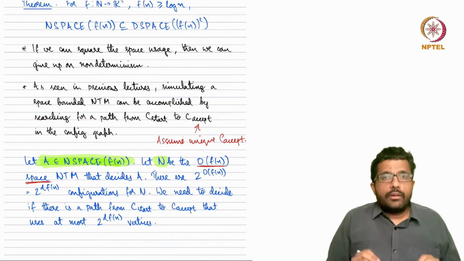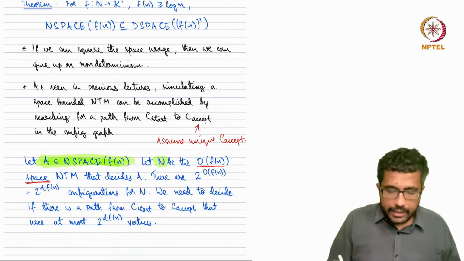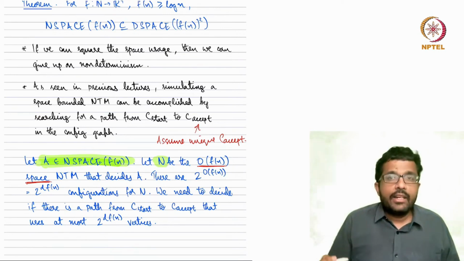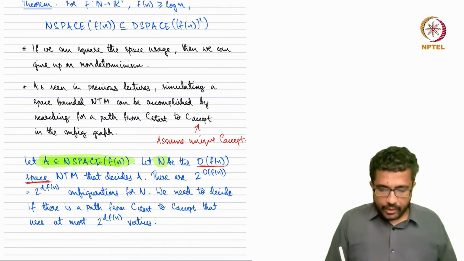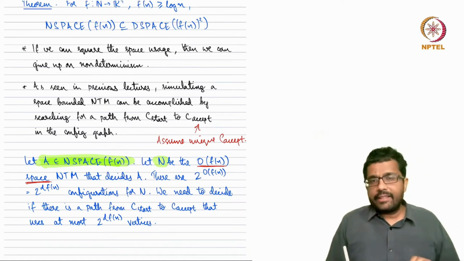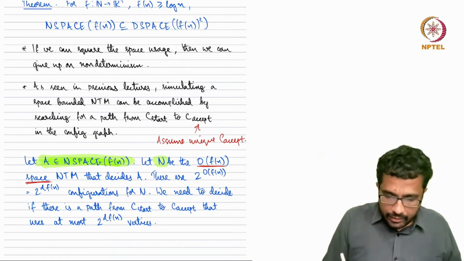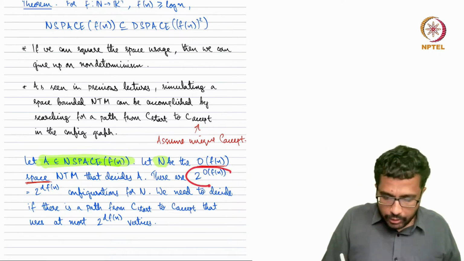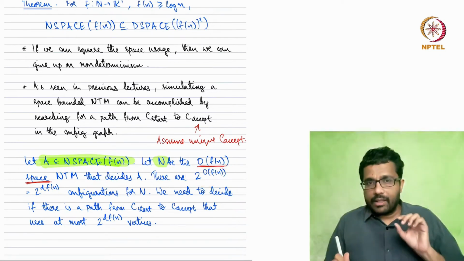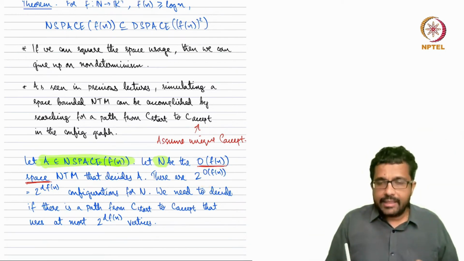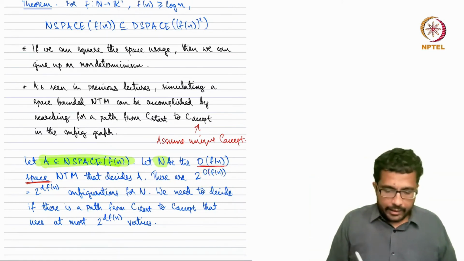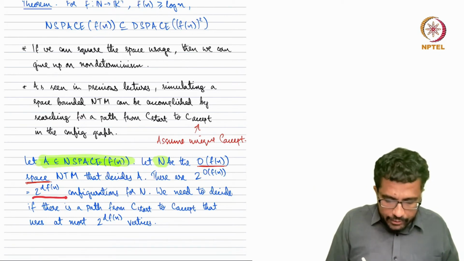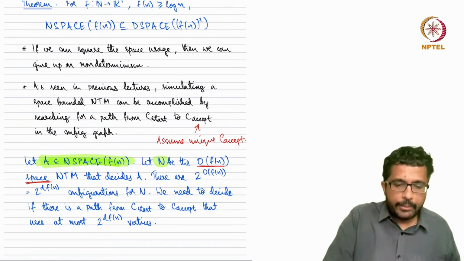In the previous lectures, we have seen that such a machine has 2 to the power O(f(n)) configurations, and since it is better to be specific than asymptotic, it is better to have a specific number at hand. So let us say that the constant hidden by this O is d, and that there are 2 to the power d f(n) configurations for the Turing machine N.